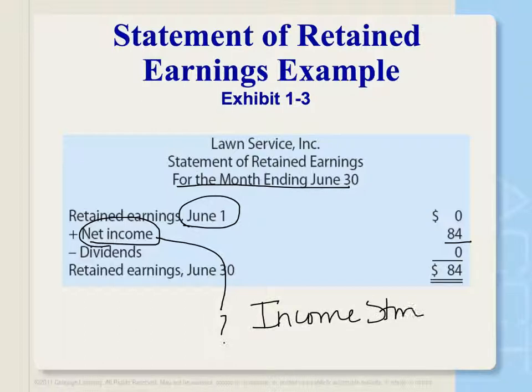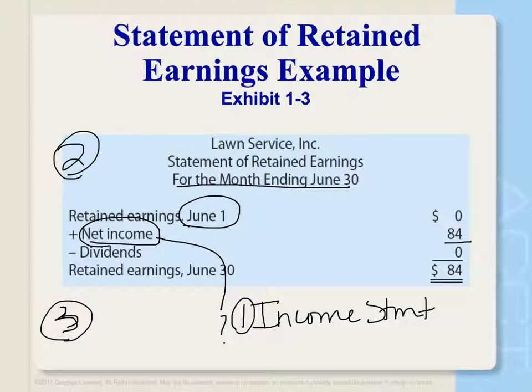One of the things I didn't mention previously is that the 3 statements we're going to learn to prepare have to be prepared in the same order every time. Number 1 is the income statement, number 2 is the statement of retained earnings, and 3 is the balance sheet.